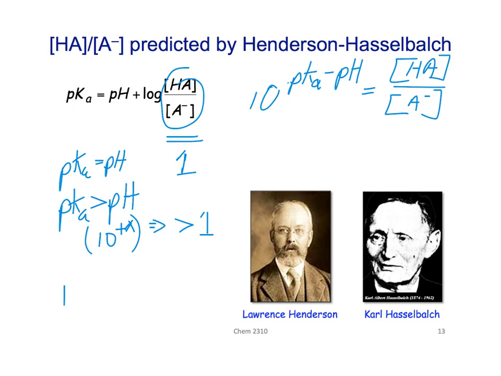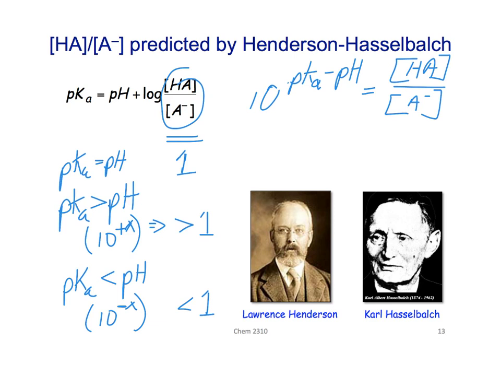Okay? And if we reverse that, if pKa is less than pH, so the pH is getting higher, the pH is above the pKa, then we get a value of 10 to the minus x. We have a minus exponent, and so this ratio is less than 1, which means that we have more of the conjugate base, and so it lies toward the basic side, right?